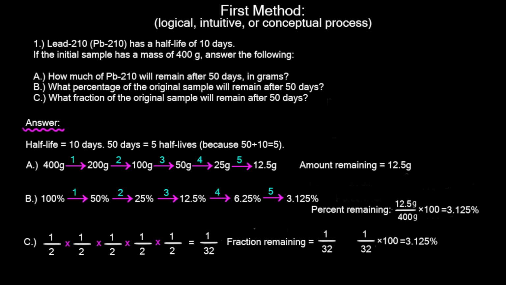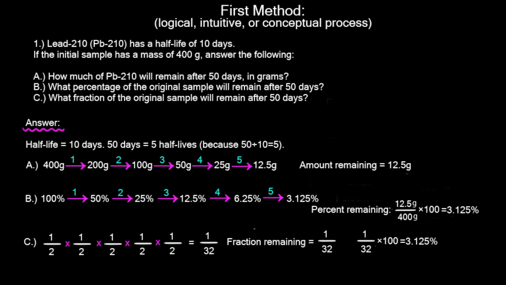Now for option B, it is asking us to express the amount of substance remaining as a percentage value. To solve this intuitively without using the formula, there are two ways to get the correct answer. The first way is by using the diagram shown on this slide for option B. We'll start by setting the initial 400 grams equal to 100% at the beginning of the decay process.